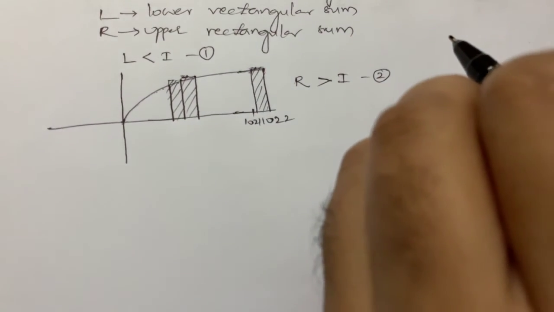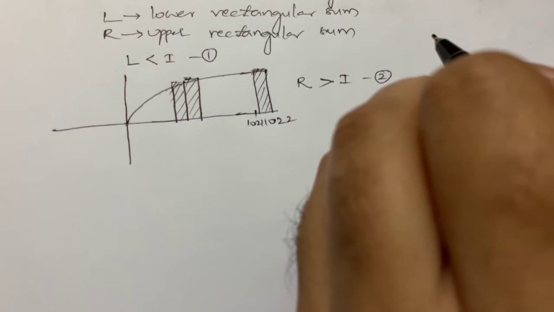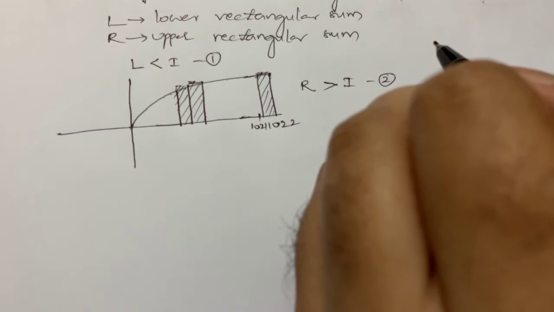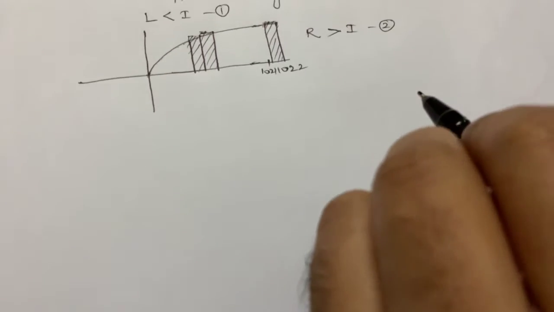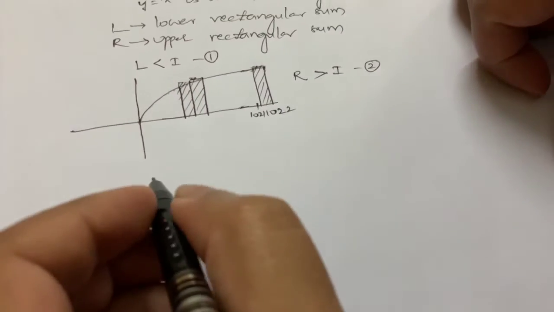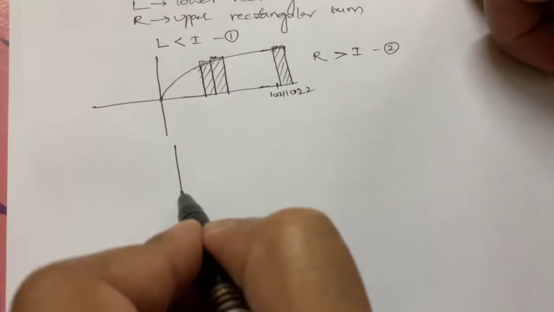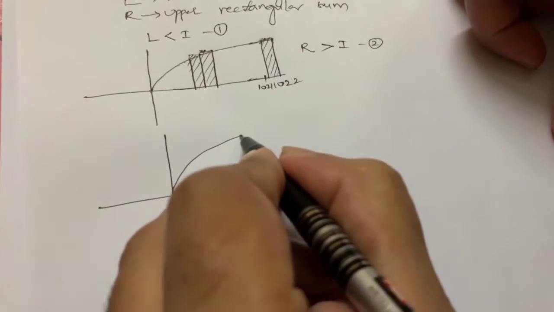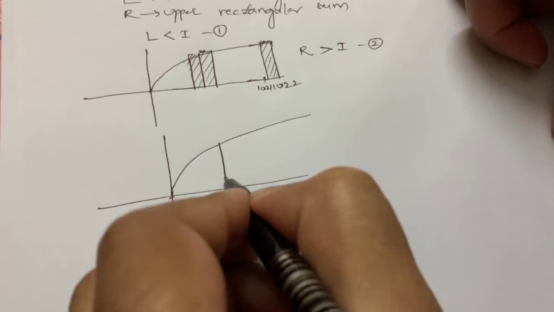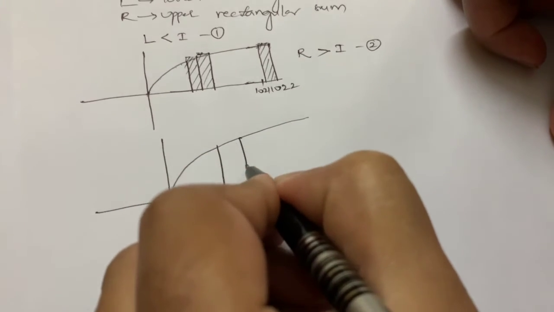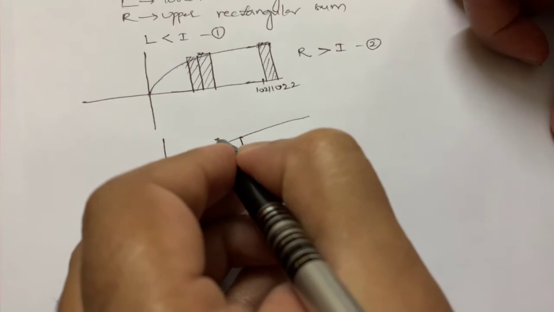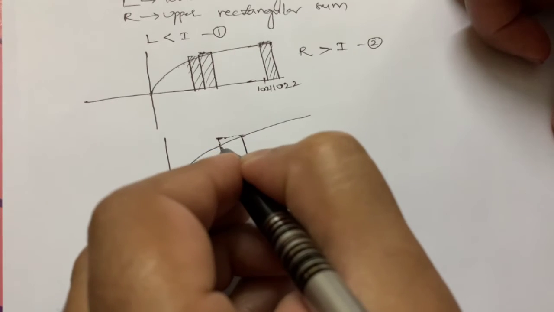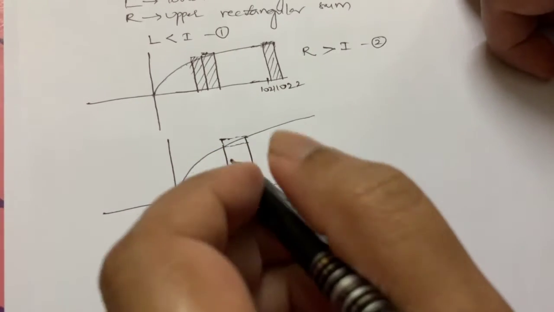This is 2. So, let us compare L plus R with I. How is L plus R related with 2I? Let us draw one rectangle clearly. This is the upper rectangle, this is the lower rectangle.